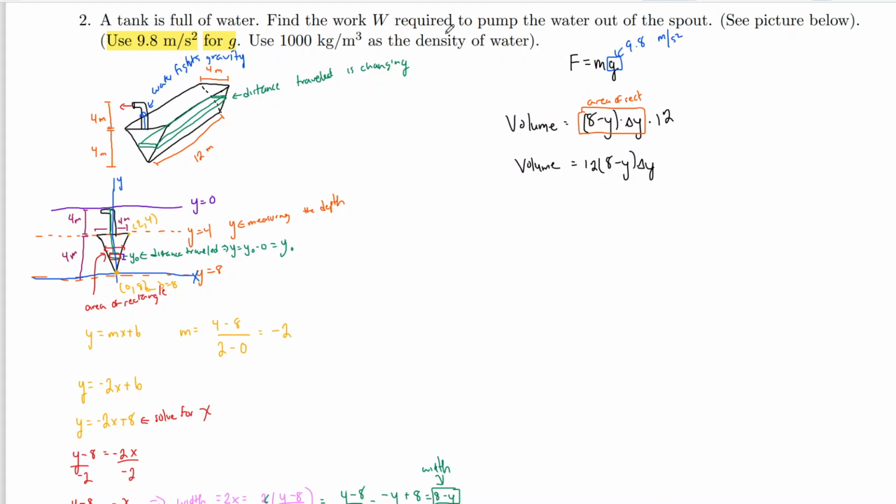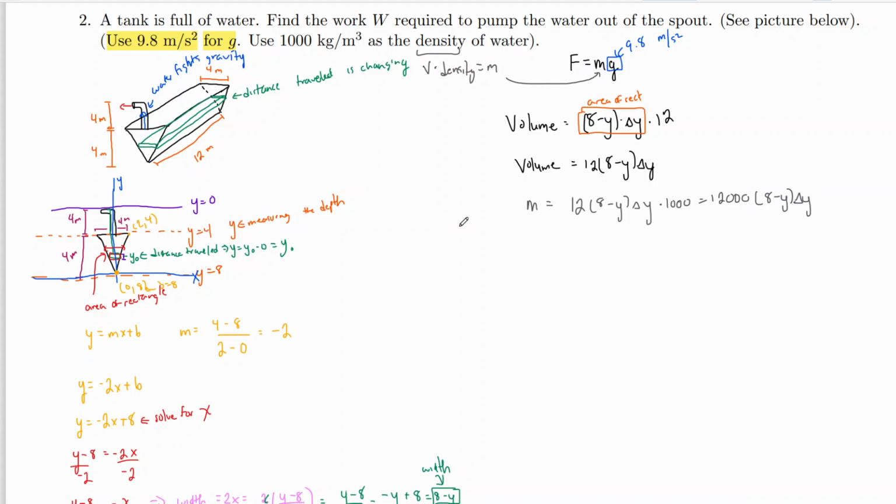So the volume times the density equals the mass, and that's what we really need. But luckily for us, density is just a number here. It's just 1,000. So the mass m equals our formula for volume, 12 times 8 minus y times delta y, times 1,000. 12 times 1,000 is 12,000. But once again, there's not really much else to do.